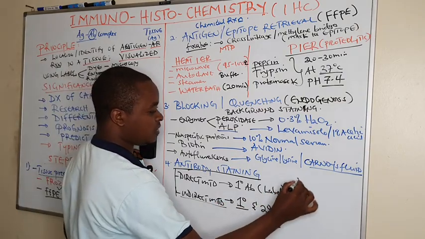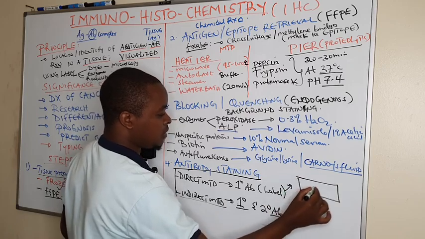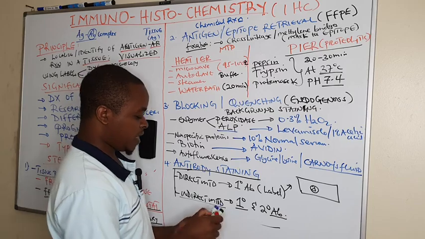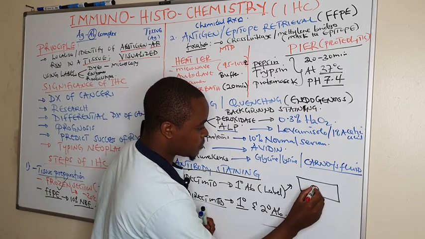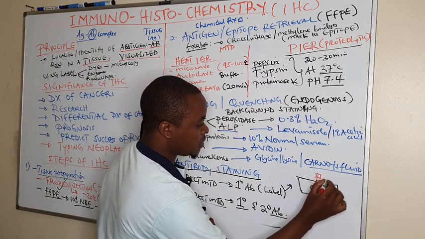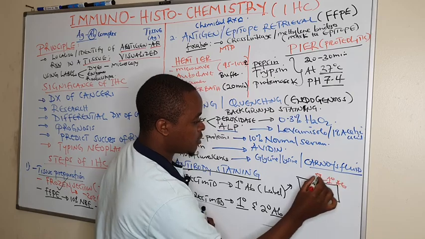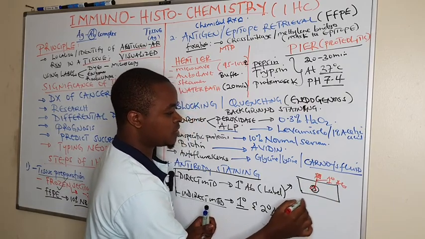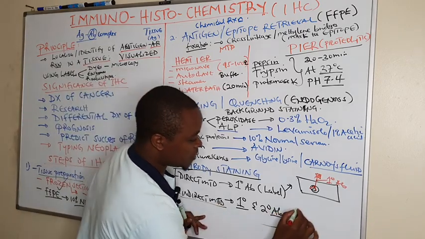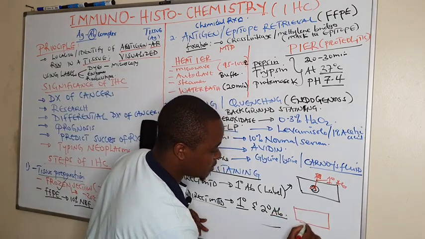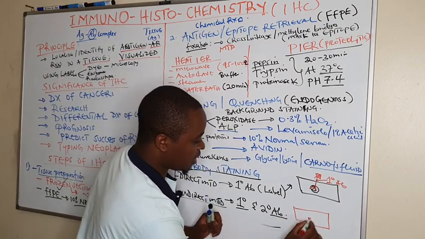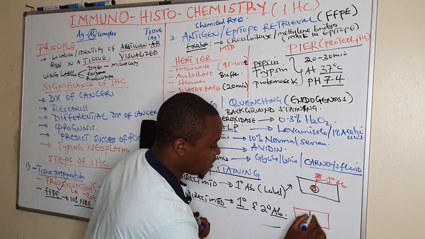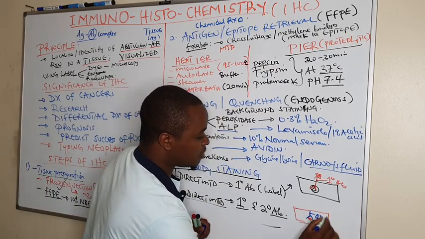If I can illustrate this, if this is a slide with a tissue containing antigen, we come and add a conjugated primary antibody, and after a certain time it reacts to form an antigen-antibody complex, which is visualized. But under indirect, if this is a slide and we have an antigen in a tissue, we first add a primary antibody which is unlabeled.